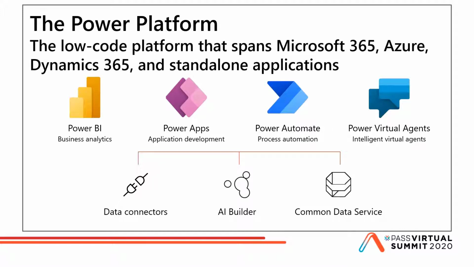Power BI is part of Microsoft's Power Platform. The Power Platform spans Microsoft 365, Dynamics 365, and Azure to deliver powerful solutions that include Power BI, of course, but also Power Apps, Power Automate, and Power Virtual Agents. Power Apps is a way we can build custom solutions for web and mobile.